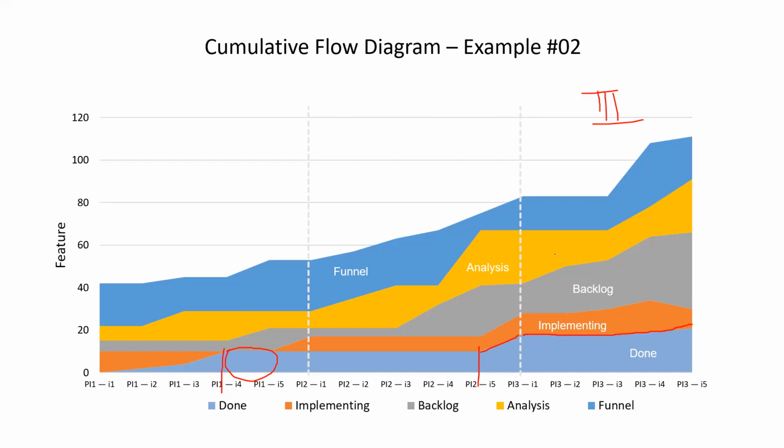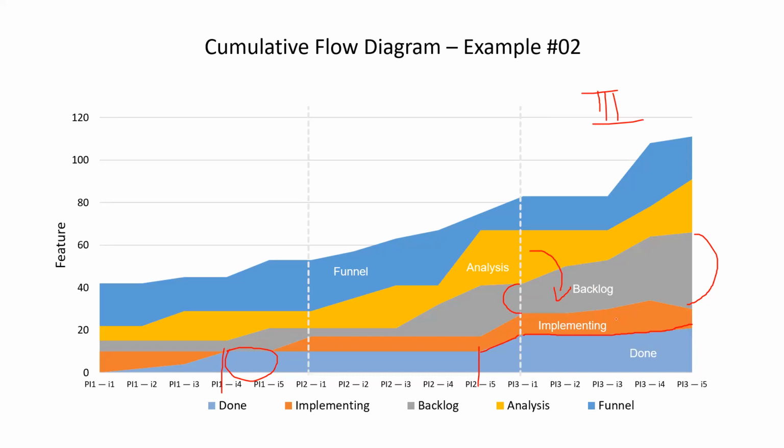In the meantime, what happened? The stories are pouring into the backlog like anything. Look at the backlog here, from here till here. How many items are getting piled up in the backlog for no reason. Everything got stuck, either in the backlog stage or to some extent in the implementing stage.